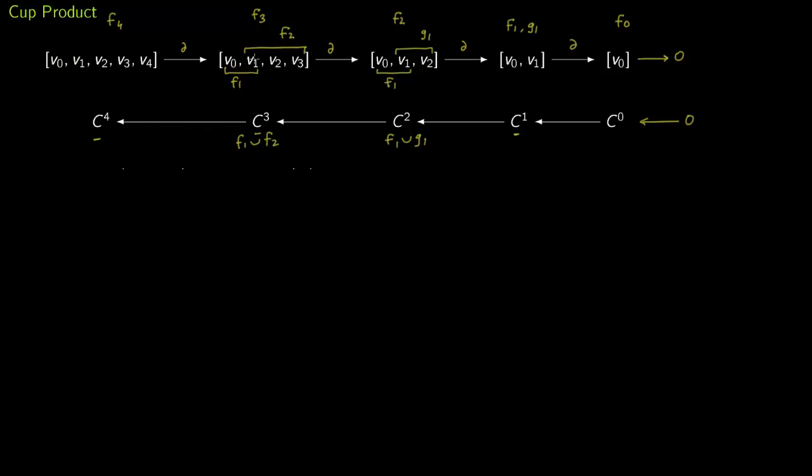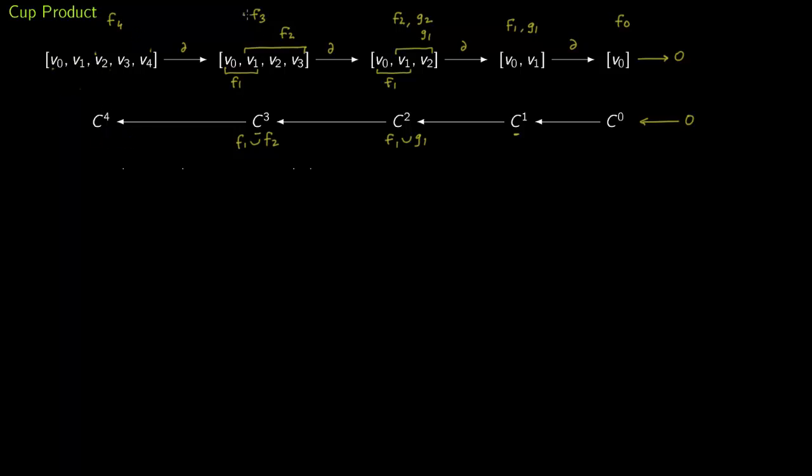Similarly here, what you can do is you can probably take three vertices and then three vertices. So these three vertices will come from somewhere here. So you can have f2 which acts on three vertices, and another g2 which acts on three vertices. So you have f2 here, g2 here. So f2 coupled with g2 lies in c4.